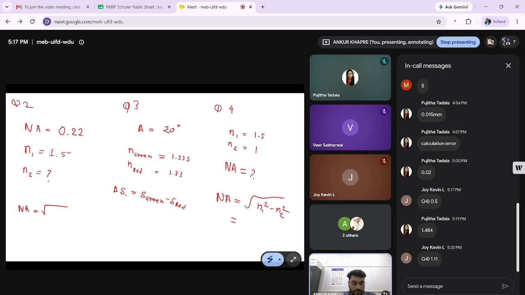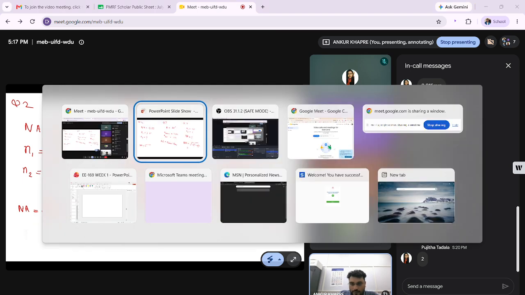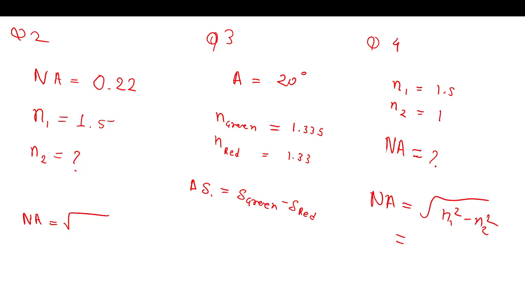1.484. Which question? Question 4? Oh, question 2. Okay. So you're saying 1 point, let me check here. N1 minus N2. So as we have already discussed, I forgot the square here.